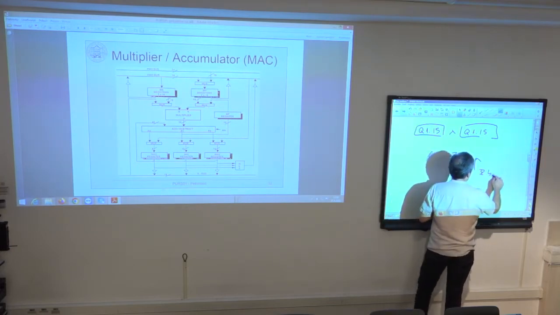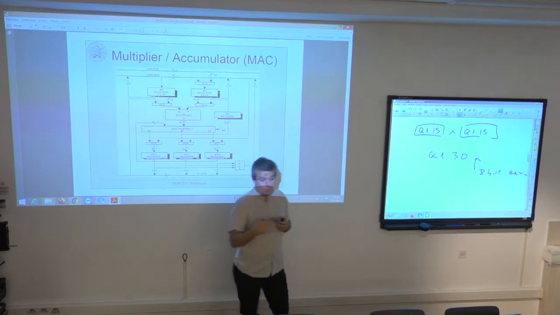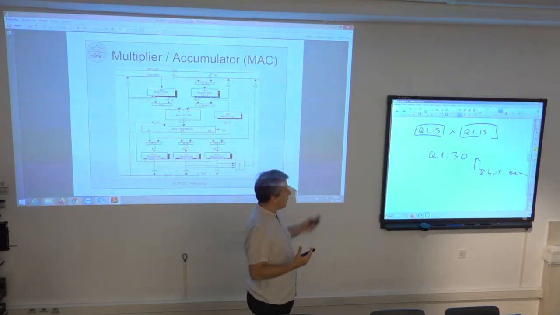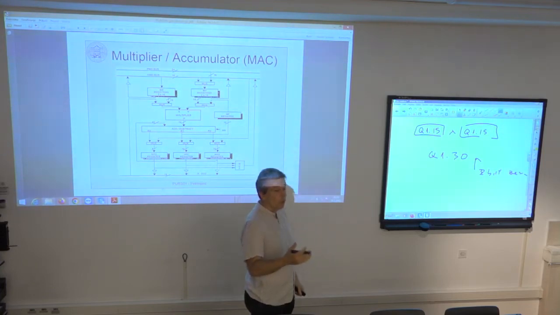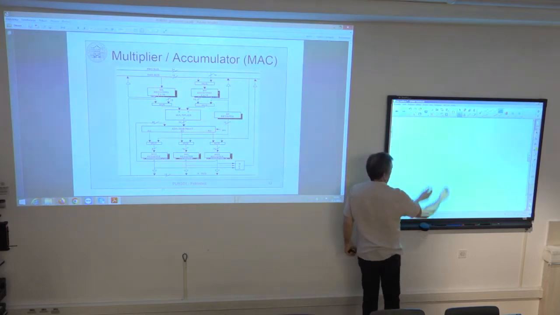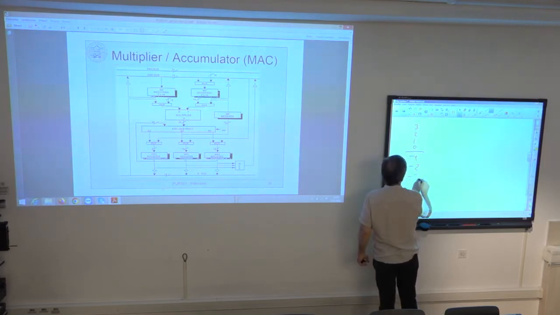The 32nd bit is 0 because it automatically aligns the product 1 bit to the left to get rid of the double sign bit that occurs if you do the integer multiplication. So if you have a normal integer multiplier, then the product of two signed numbers always has a double sign bit. So either 0, 0 or 1, 1. For example, just for illustration, if I have 3-bit signed numbers, so 3, 2, 1, 0, -1, -2, -3, -4.